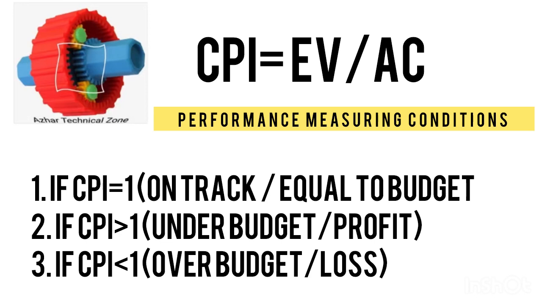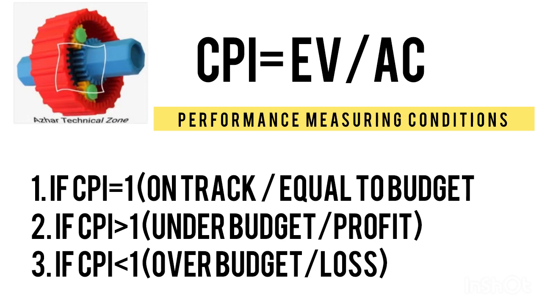I would just like to say one more thing, there will be no unit for this SPI and CPI. So if we are claiming 50,000 to the client, which we have in our pocket, and the actual cost is 100,000, so double of the earned value we have spent on the project, it means we are in loss, so we are over the budget.